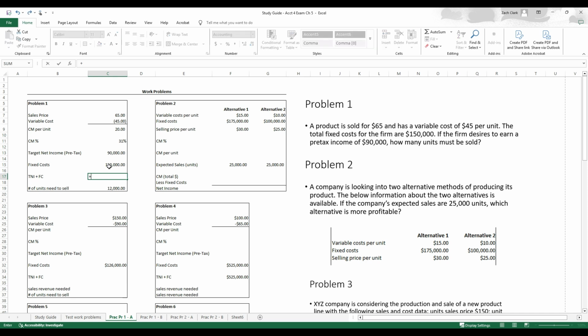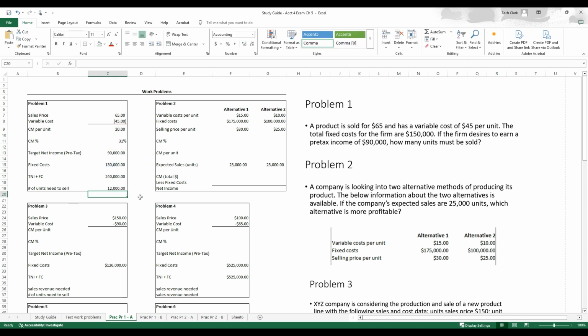Actually, we could add those together, so really what we're targeting is a total of 240,000. If we wanted to do the formula that way, it's the same thing. We just added it here to see it more clearly.